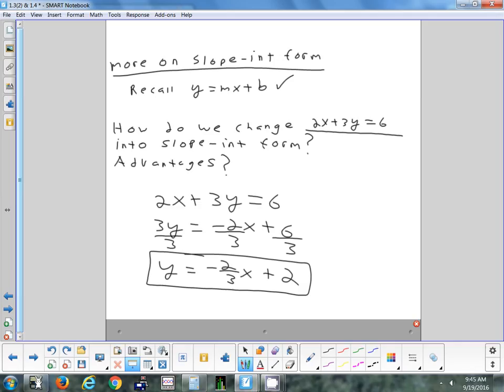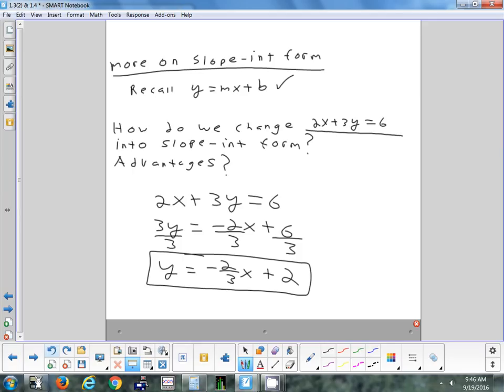I think you could find a certain point on the line, because you're using a vertical and a horizontal intercept, right? You're trying to find one point on the line. Well, what about this? What does that tell me? It's negative 2/3. And what is that number? That's my slope.